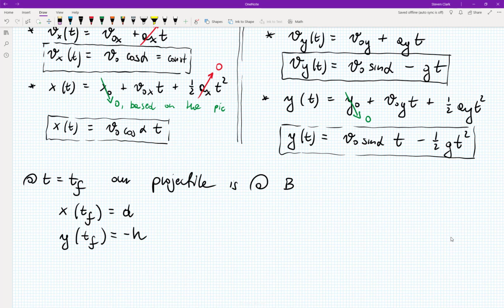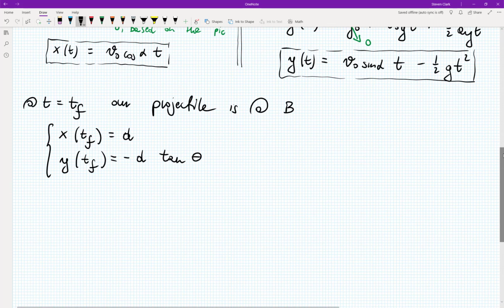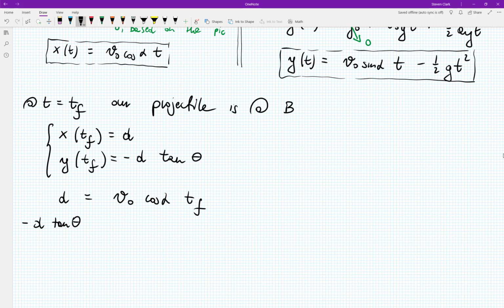However, we have an expression for h with respect to d. So h will be d tan of theta, right? Okay, so let's use this information. So we will have d equal to v0 cosine alpha t final, and negative d tan theta is equal to v0 sine alpha t final minus 1/2 g t final squared.